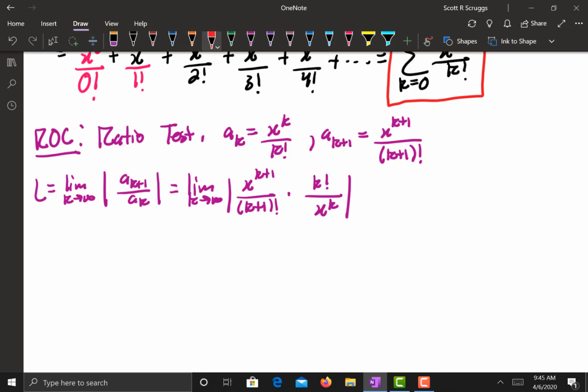Alright, and now we can do some cancellation. That simplifies down to k plus 1, and that simplifies to x. So now inside the absolute value, I have the absolute value of x over k plus 1. I'm going to use my property of absolute value that says it is the absolute value of x times 1 over k plus 1.